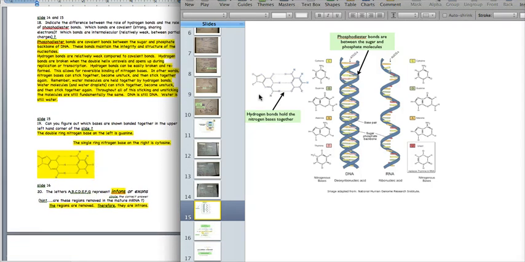You can break those hydrogen bonds and not fundamentally change what the DNA is. You're just changing how those nitrogen bases are stuck together, but they'll still keep the same sequence. The sugars and phosphates will still stay bonded together. A hydrogen bond is not a covalent bond. The phosphodiester bond is a covalent bond, though.